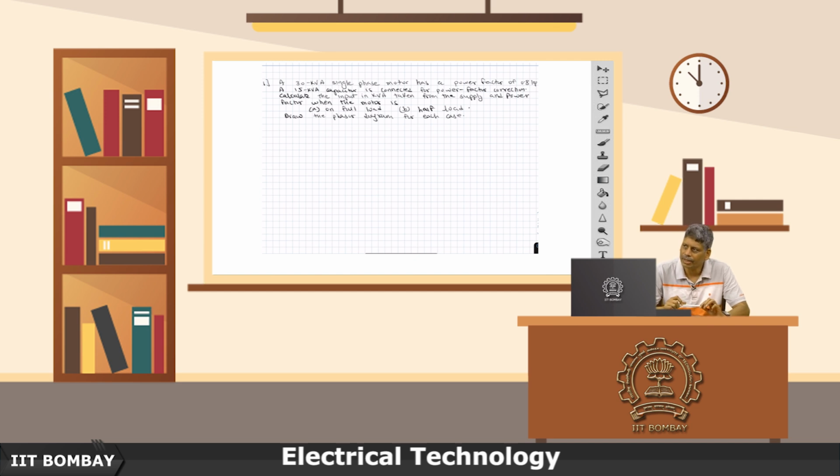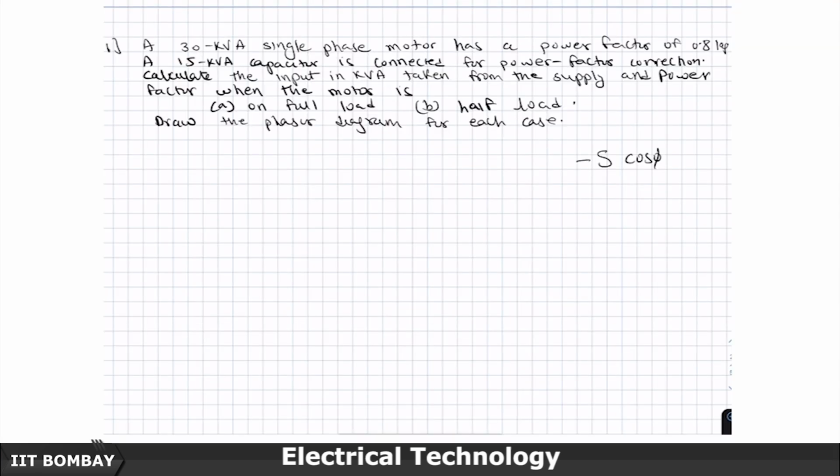So, that means suppose S is the MVA which is being drawn, and it is being drawn at a power factor of phi, say lagging. Then P = S cos phi is the amount of watts of work which is being done. But associated with this is also reactive power of S sin phi.